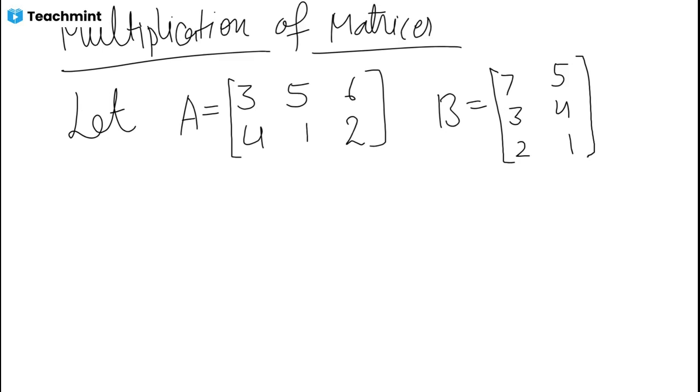Otherwise we can't. So let us multiply A and B. Why we need both of them equal, I'm telling you.